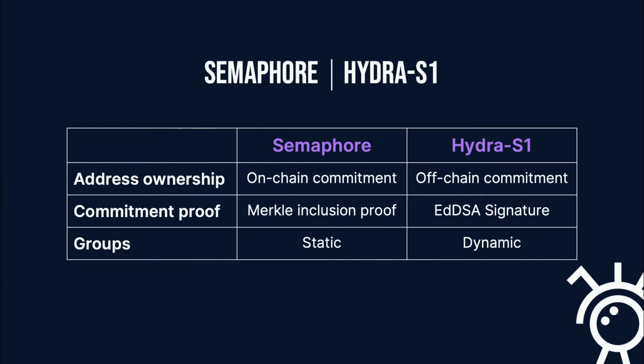And then your groups are static on Semaphore. Static means the user needs to do an action to enter a group each time he wants to enter a group. And in Hydra S1, it's dynamic. That means the user just needs to go once through the commitment mapper, and he will be able to use his address on all different types of groups, and these groups can be updated at a particular frequency.